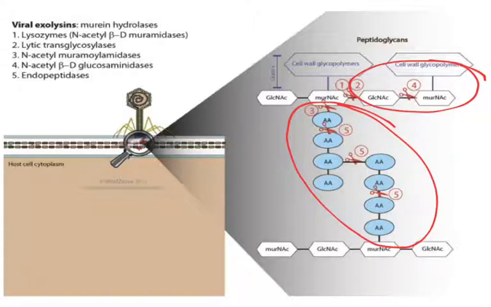Ultimately, this breaks down the cell wall and allows that protein tube to fight its way through, allowing entry of the genome into the host cell. We see this with each of these 3 viruses: some sort of exolysin located on the outside lets it burrow into the cell wall and get its DNA into the host cell.